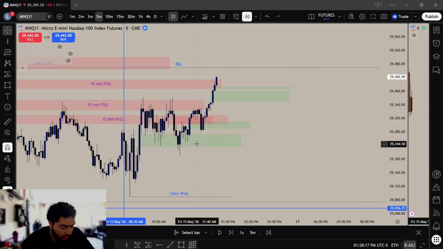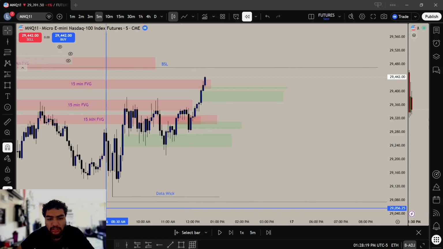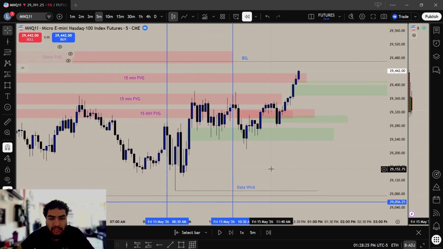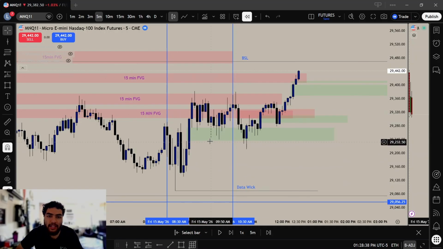I just don't think we would have taken a trade today because till 10:30 I like to trade. Literally absolutely nothing in here. We have this fair value gap right here, and it got wicked and didn't aim higher, nothing. You would have gotten wicked out. So honestly, probably would not have taken a trade at all.